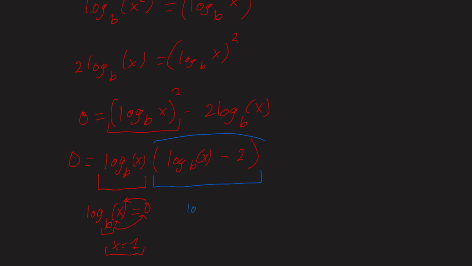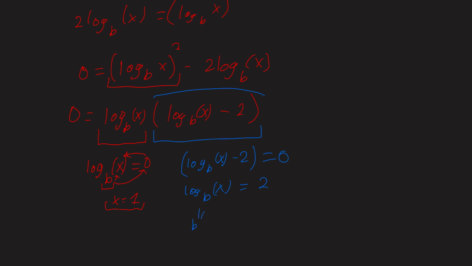So log base b of x minus 2 has to equal 0, okay? Or log base b of x has to equal 2. I get b to the log base b of x equals b squared, such that x equals b squared, whatever b might be. So these are going to be my two solutions to the equation.